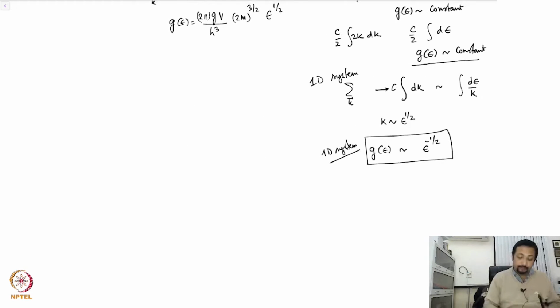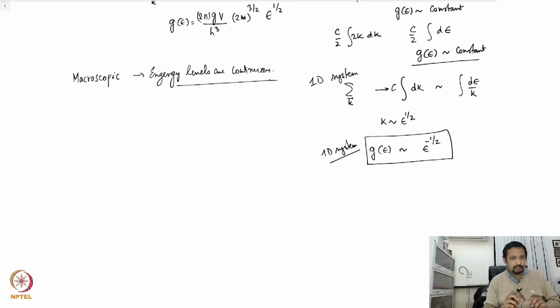But note that even if I am considering that my system is macroscopic, so that energy levels are continuous.